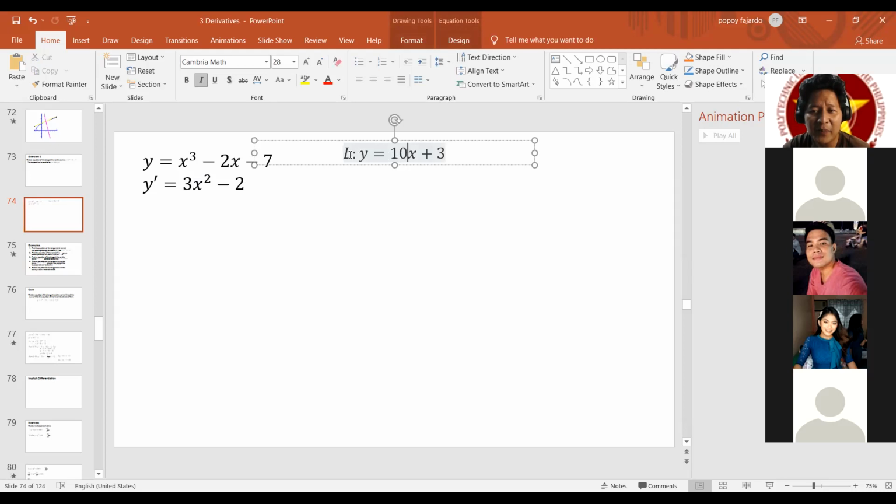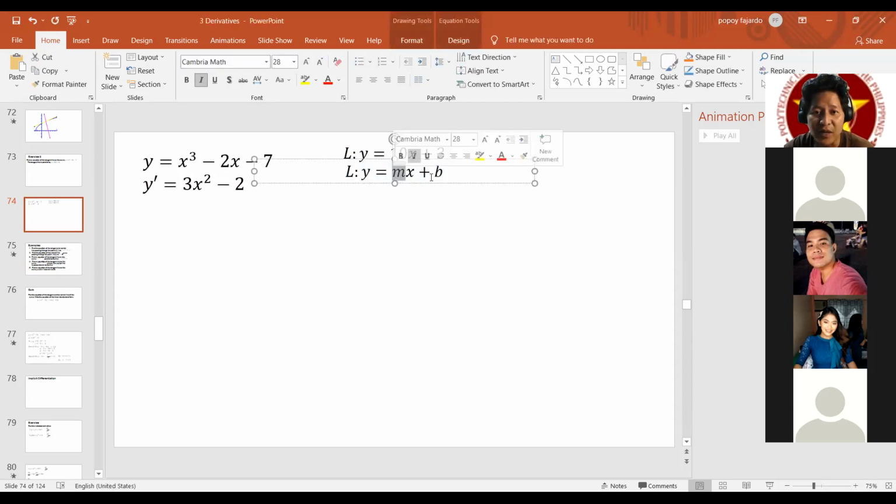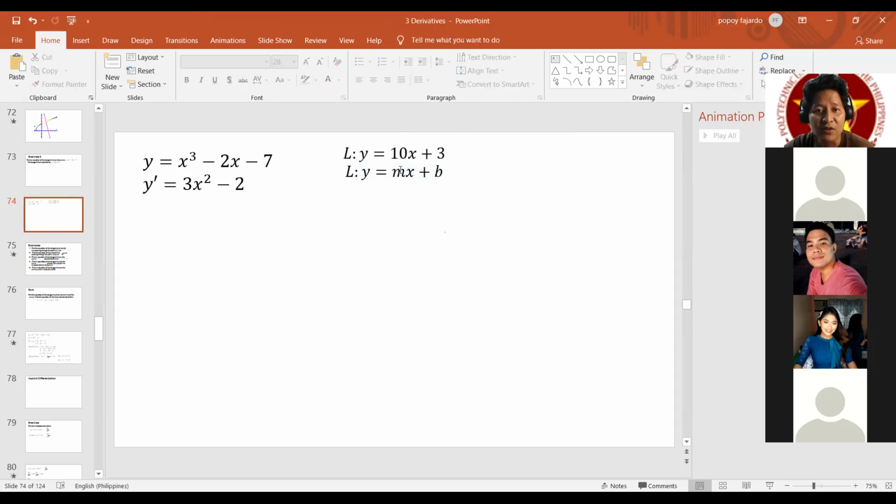So, itong line natin is of the form y equals mx plus b, yung m ay slope ng line and b is the y-intercept. So si L natin, ang slope niyan will be equal to m.